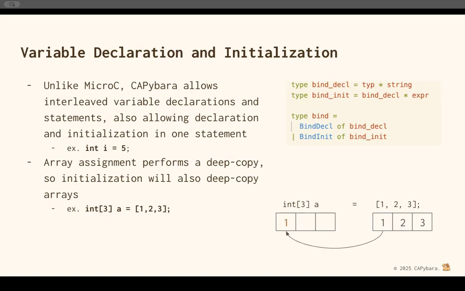As an example here, we are initializing this 3-int array called A to this array 1, 2, 3. On the right-hand side, this temporary array is essentially an array literal that gets allocated and created, and it holds 1, 2, 3 inside, and we will allocate a new array that will be associated with the variable name A and deep copy all the elements from the right-hand side array into it.